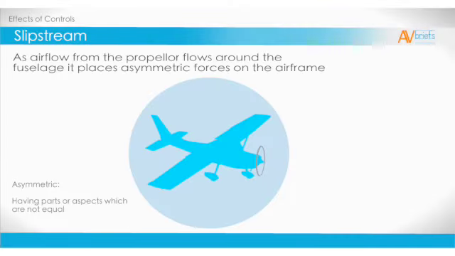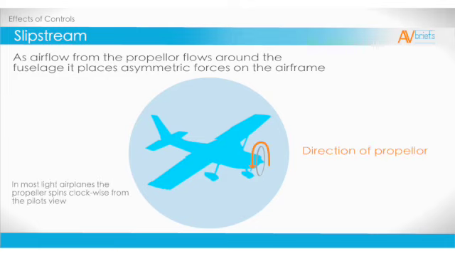As airflow from the propeller flows around the fuselage, it places asymmetric forces on the airframe. Asymmetric means having parts or aspects which are not equal. In most light airplanes, the propeller spins clockwise from the pilot's view. That spinning creates a stream of air, from the propeller to the rear of the fuselage.